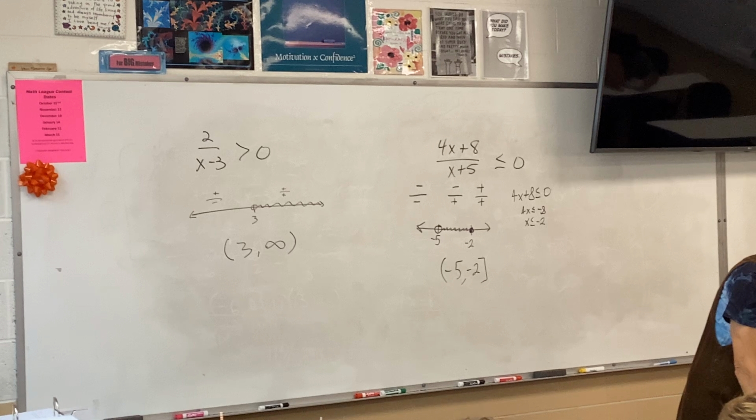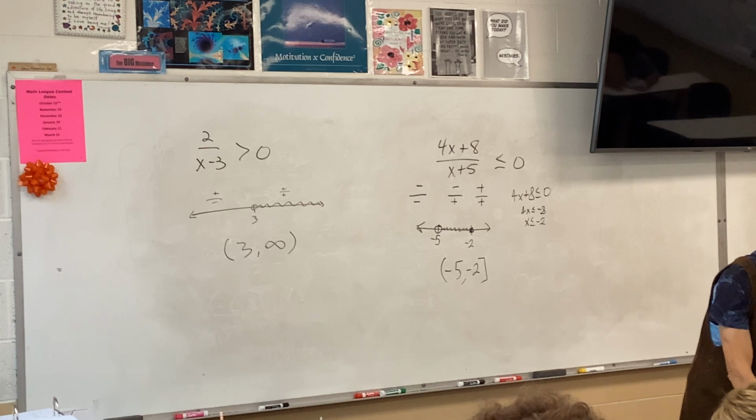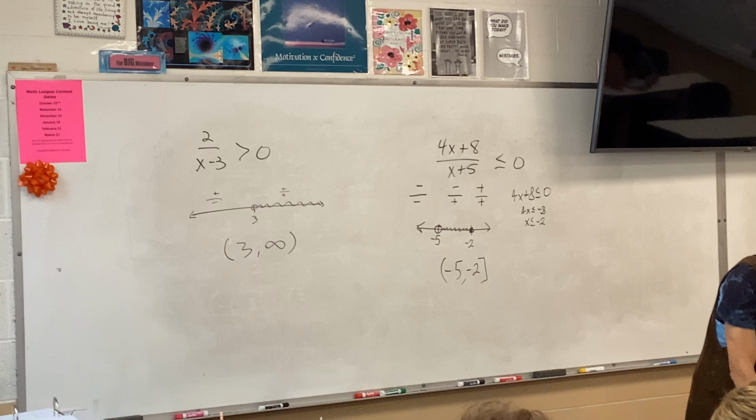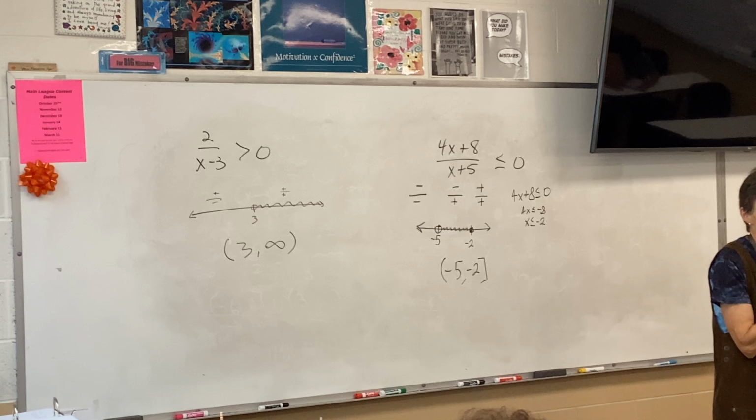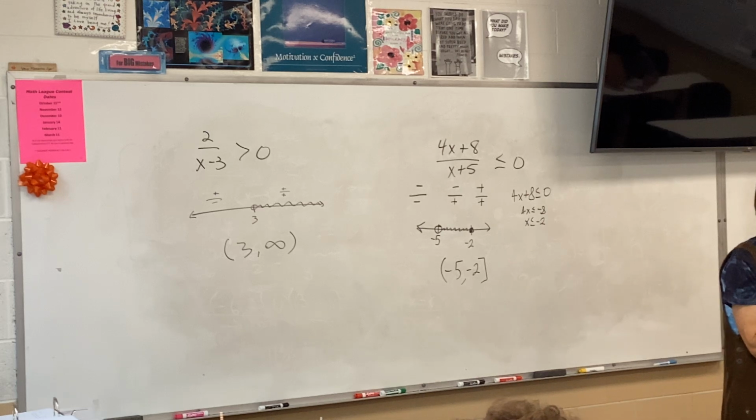The numerator is always positive, it's 1. The denominator is always positive because it is squared. And what's gonna happen when you put positive over positive? It's gonna be positive. Is it ever gonna be less than or equal to 0? No, never.